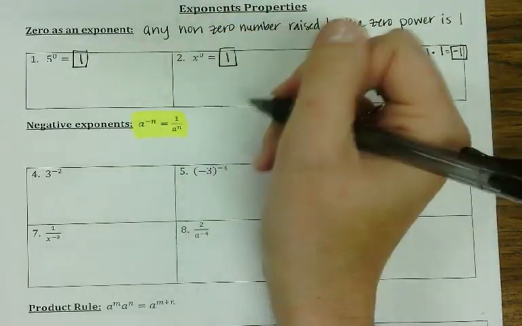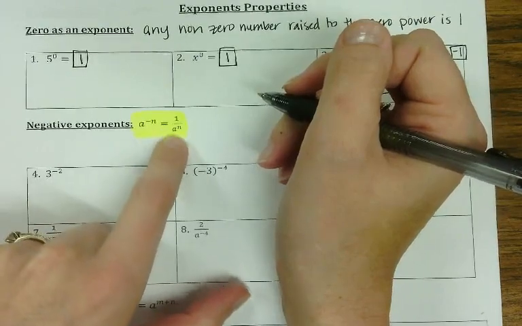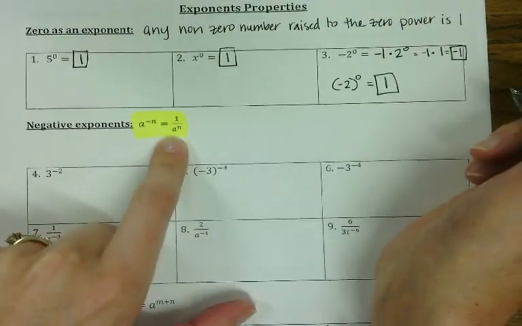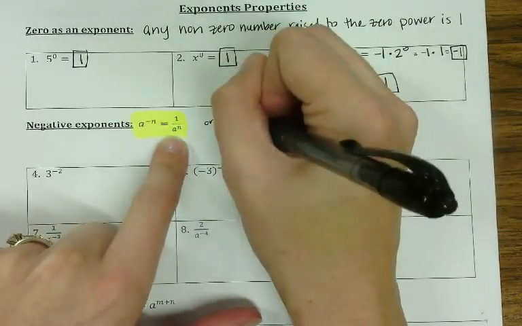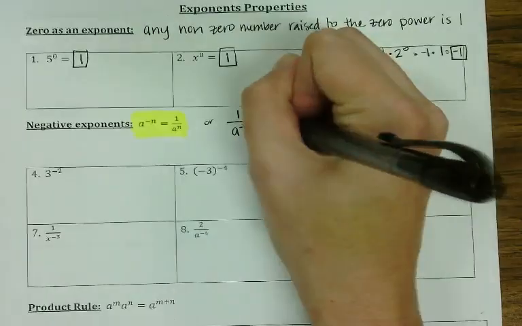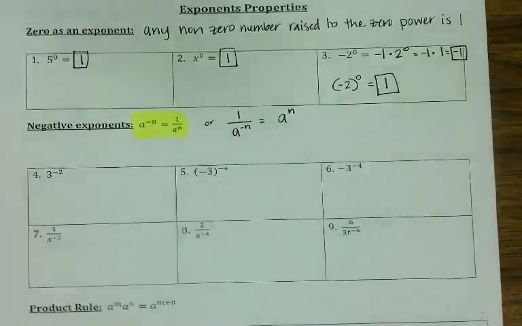So you can write it like this. This a to the negative n can be flipped down and made as 1 over a to the positive n. Or, guys, another way that you can see it is if we have 1 over a to the negative n, that becomes a to the positive n.